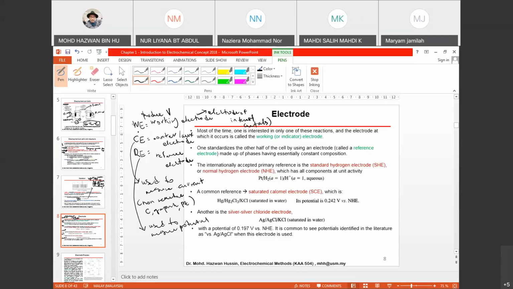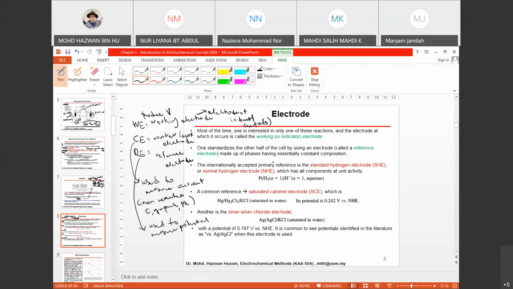Because, as I said, working electrodes, metals, produce potential. So when it produces potential, it needs something to measure it. Then that is why reference electrode plays its role. It is used to measure potential, and as Nazira was telling, it is also used as a reference.